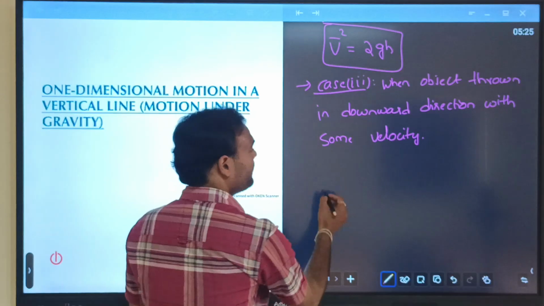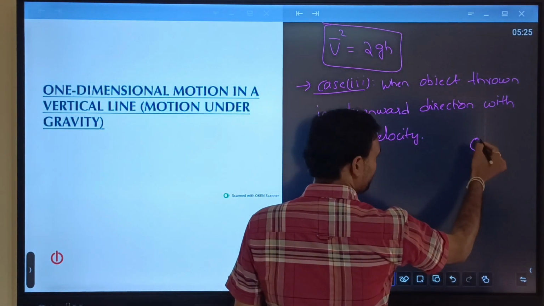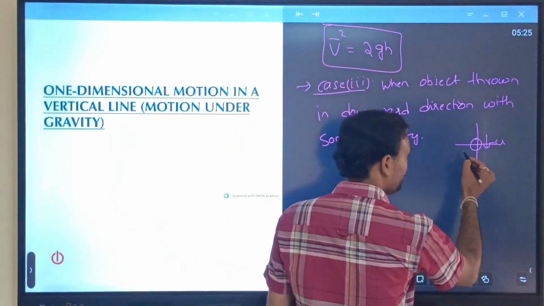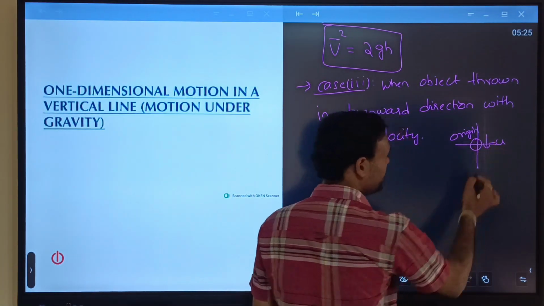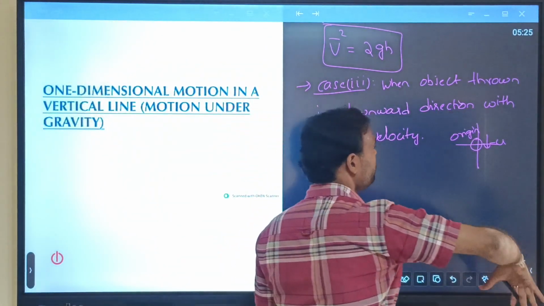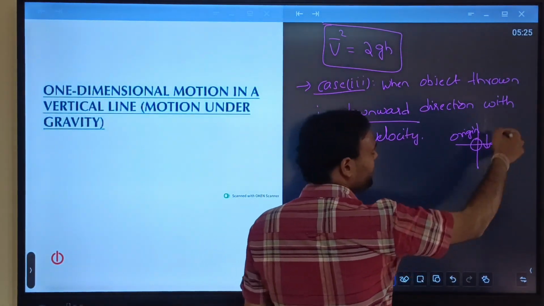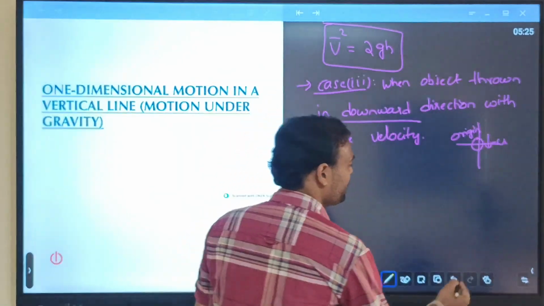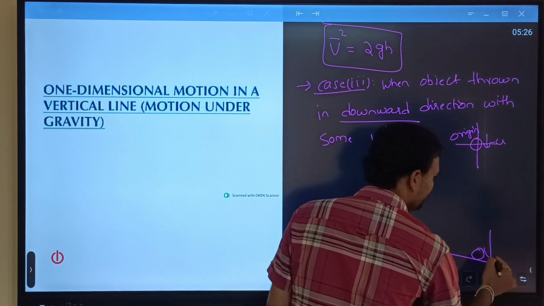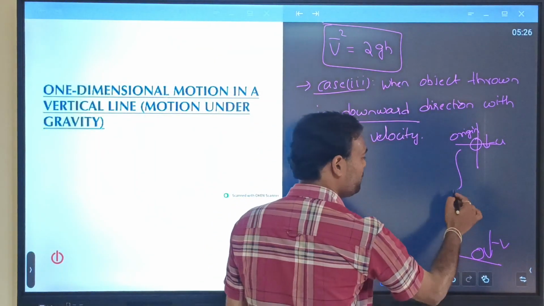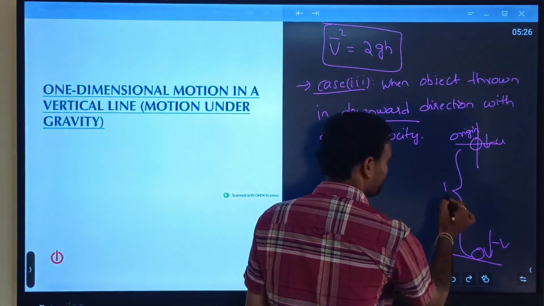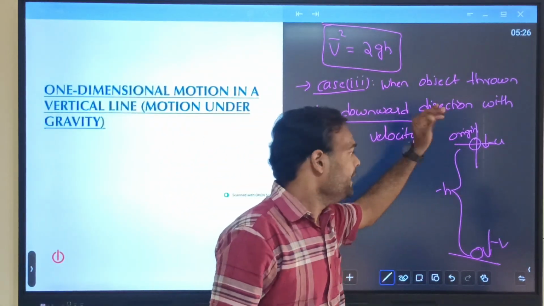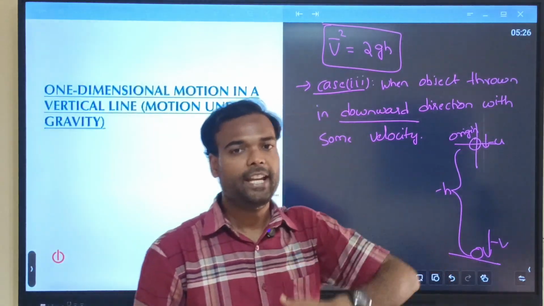The point from where it starts its journey we consider as origin, and we are throwing in the downward direction. That means initially the velocity becomes -u, and suppose it reaches this location, here it will be -v, and the displacement it traveled is h, and of course it will be -h, because from the origin, the point where it starts its journey, it is coming in the downward direction, so it will be -h, right?